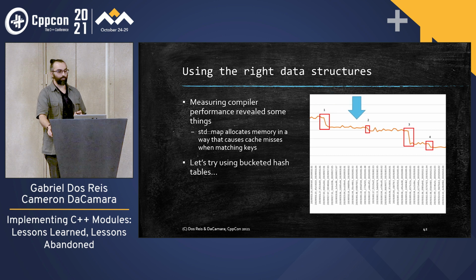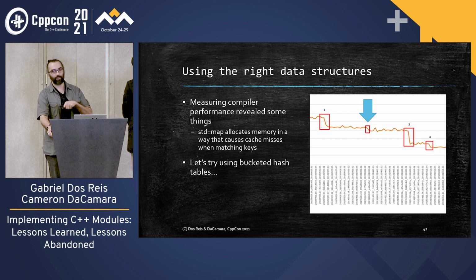What if we try to use bucketed hash tables? And it turns out that gave us just enough of a perf win to justify switching all of them to bucketed hash tables. And it wasn't just on this repro that you were getting the benefit. It was across the board. All the modules repros we tried after switching to bucketed hashes gained at least some perf increase.